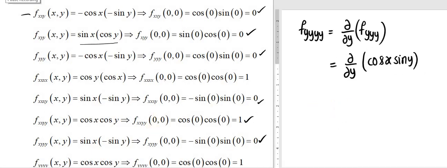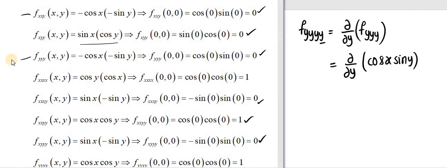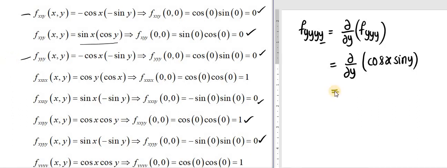Now I am going to find out f_yyyy. This is nothing but dou by dou y of f_yyy. We already have f_yyy value, that is cos x into sin y. Here we are doing with respect to y. So cos x outside.